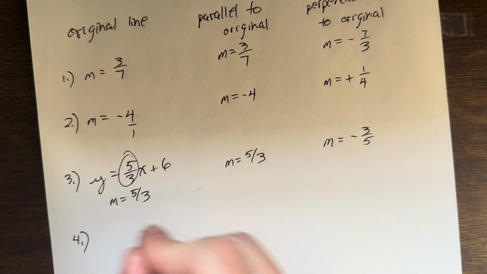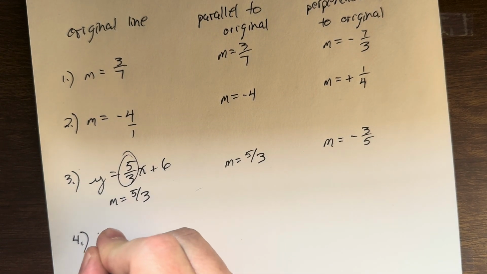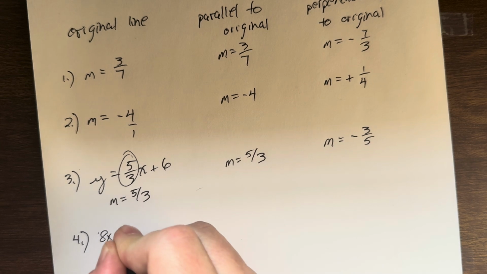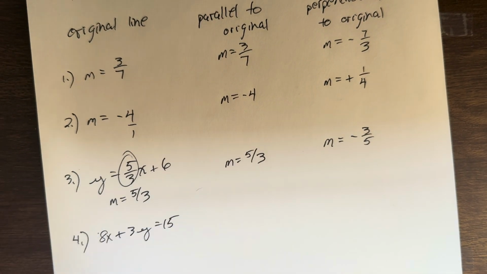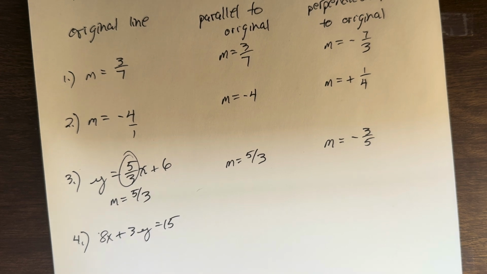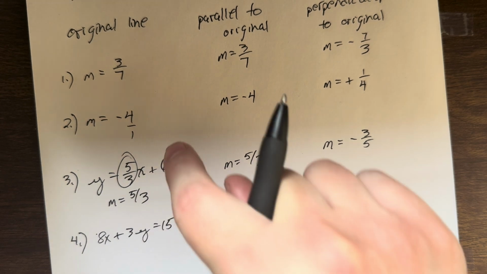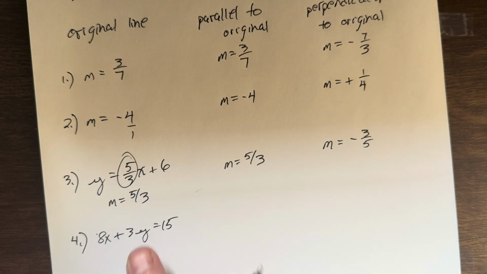Let's do 8x plus 3y equals 15. Again, in section 6, we've seen a lot of this. The line starts in this form. We have to put it into this form. So let's put this into y equals mx plus b form.